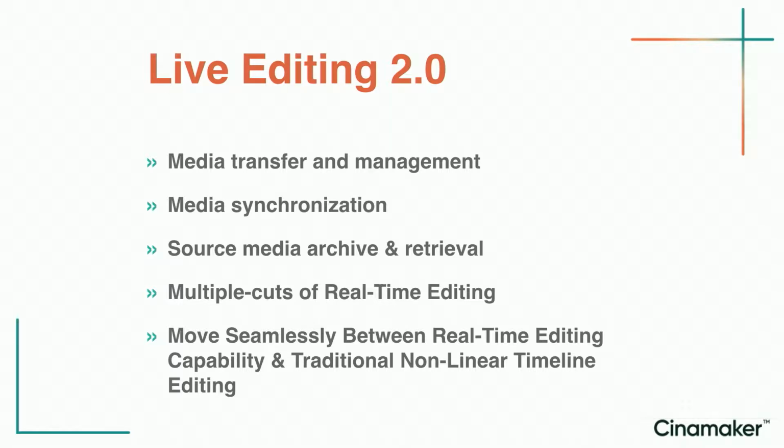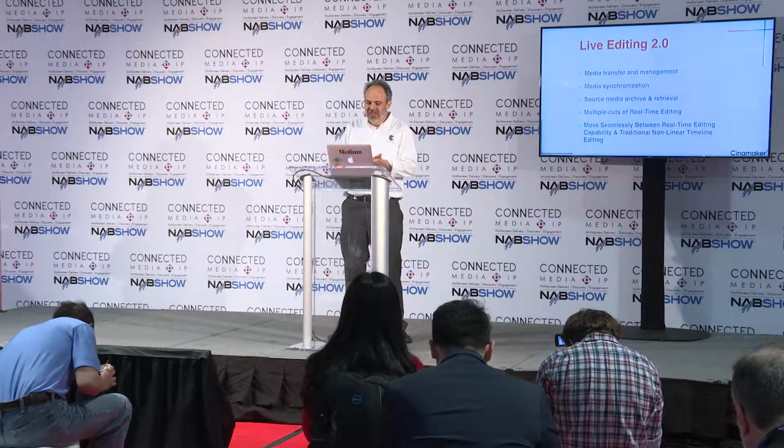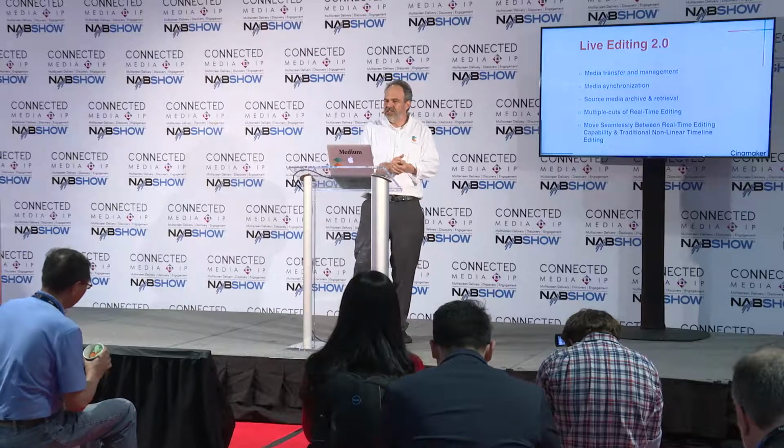If your camera is on a network or your audio device, standards and synchronization become something you don't have to worry about. You can do multiple cuts. Real-time editing is basically doing a live cut in post. So you can cut it as many times as you want. You can recut portions of it and build your content in real time.